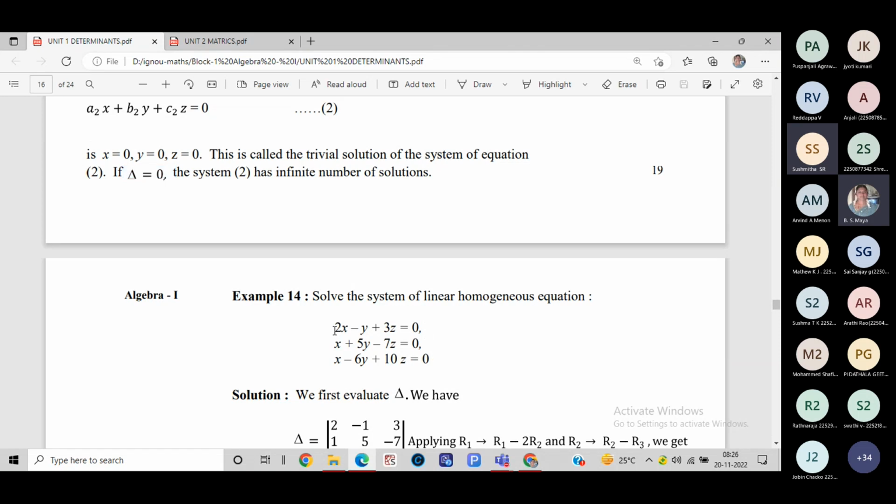Now observe the right hand side of all three equations. We have a 0. It is called a homogeneous equation. In the question it may say: solve the system of linear homogeneous equations.